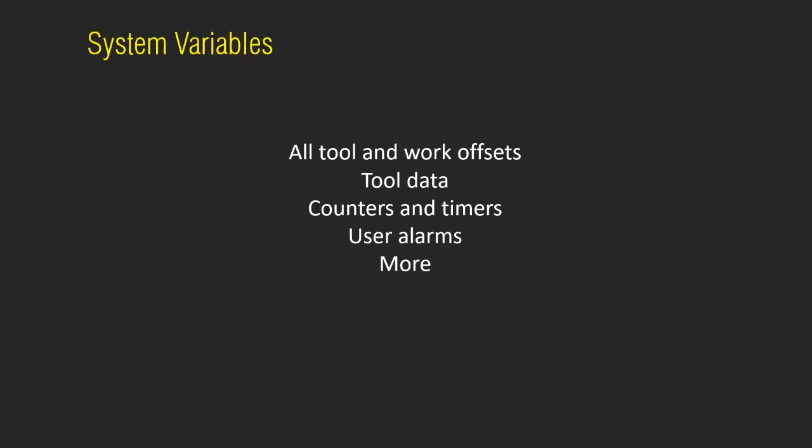But system variables are at least one of the most powerful things that you can use. All tool and work offsets have a variable attached to them. So I can write to any offset that I want, and that's pretty powerful. I can set things, I can change things if I need to.